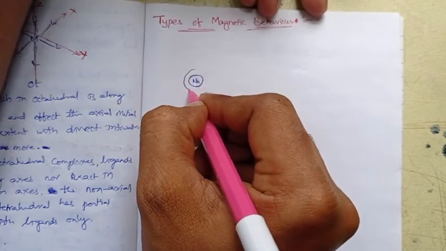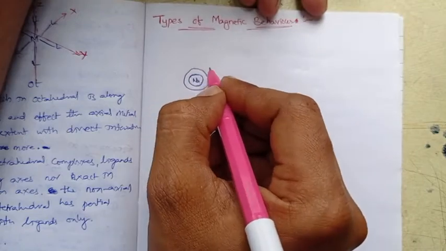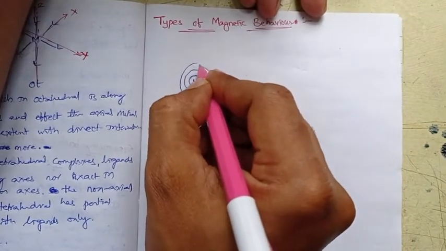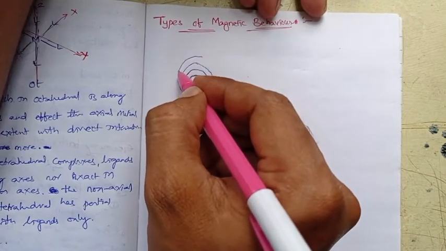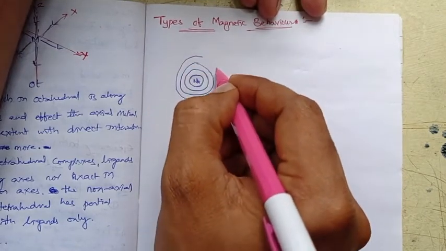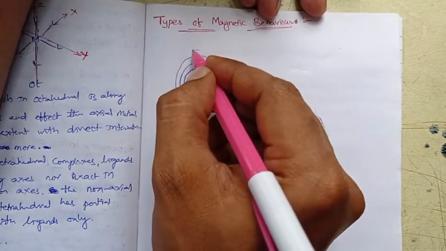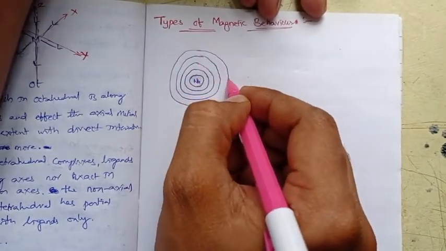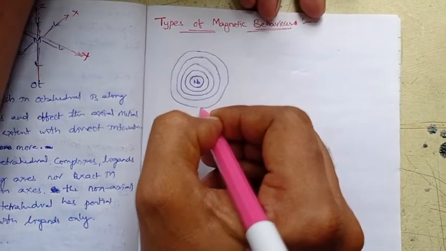and around it there are multiple orbitals where it has multiple number of electrons, right?